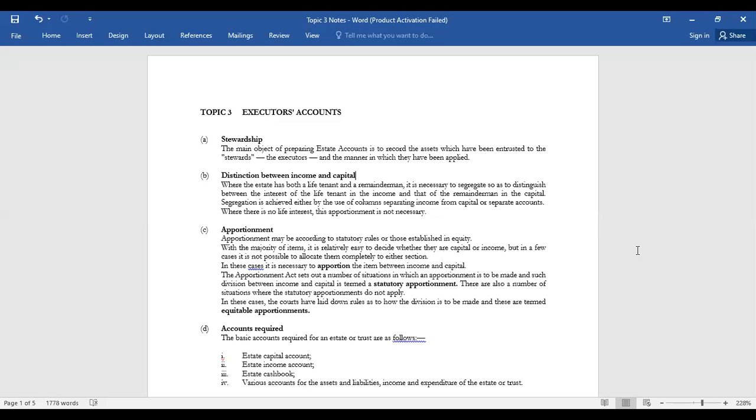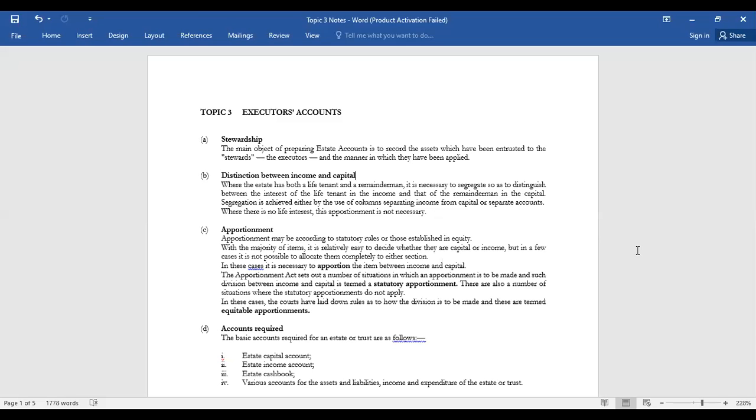There are also a number of situations where the statutory apportionment may not apply. In this case, we now have the attorney or the courts coming in to lay down the terms of dividing the assets of the testator or the intestate.